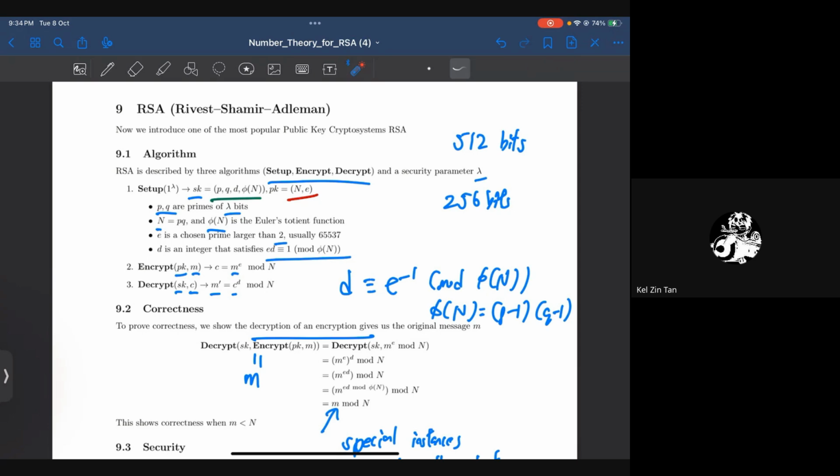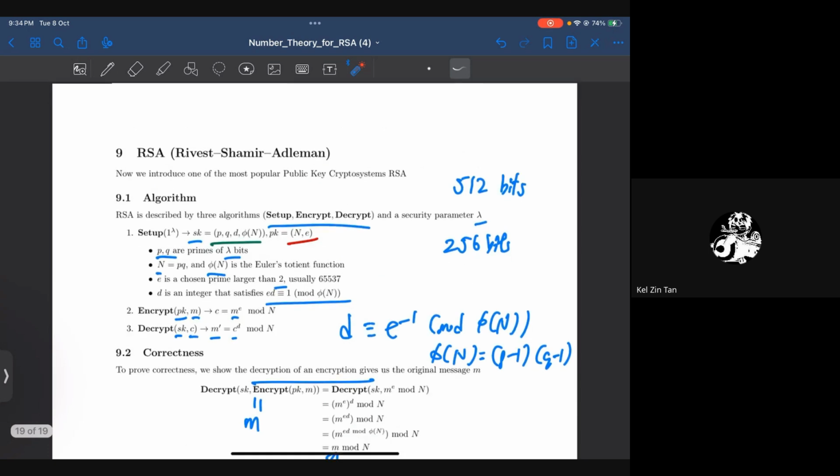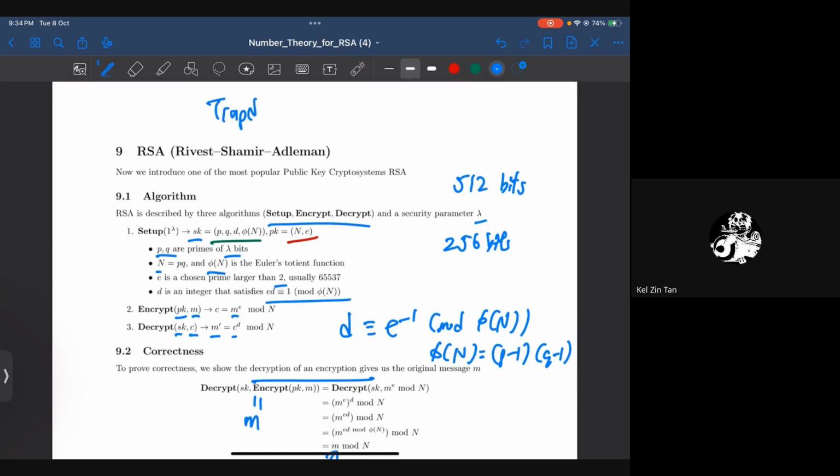In fact, if you want to come up with a public key encryption system, you need to have something like a trapdoor. A trapdoor is basically a function that you can compute, a function where you can compute f(x) easily, but cannot recover x easily.